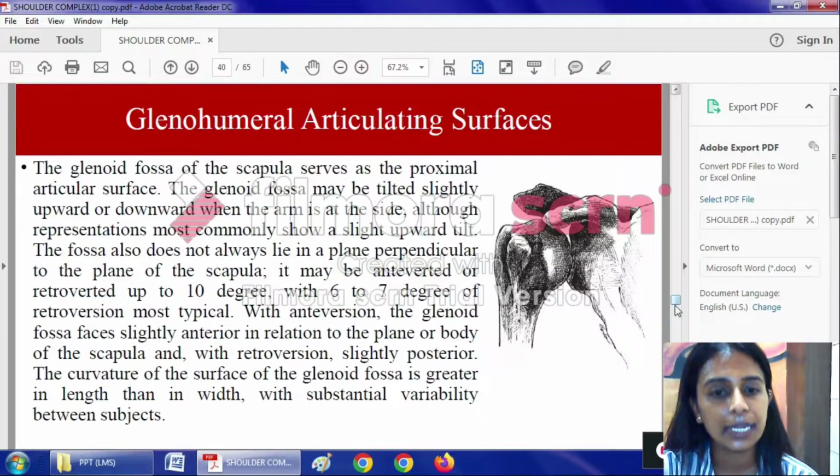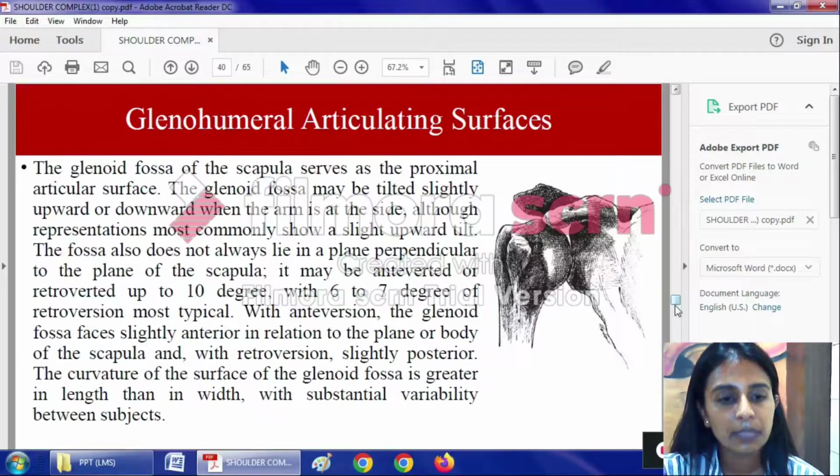It may be anteverted or retroverted up to 10 degrees, with 6 to 7 degrees of retroversion most typical. With anteversion, the glenoid fossa faces slightly anterior in relation to the plane or body of the scapula; with retroversion, slightly posterior. The curvature of the surface of the glenoid fossa is greater in length than in width, with substantial variability between subjects.